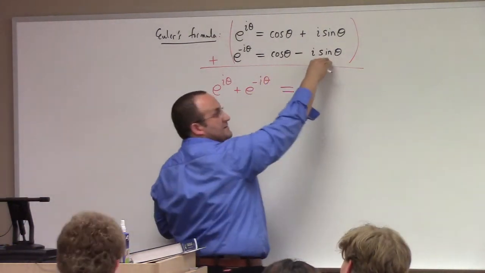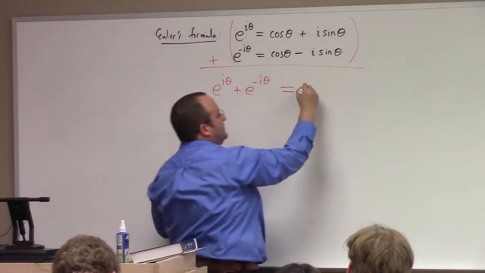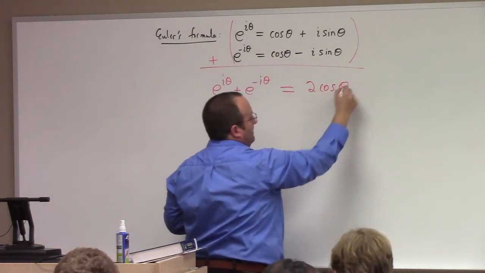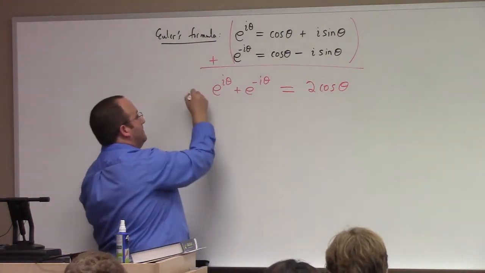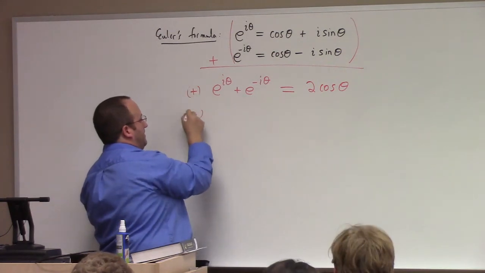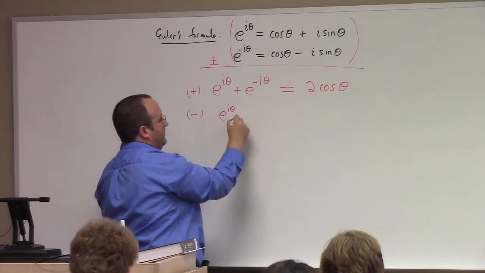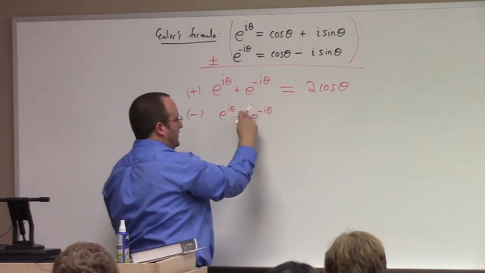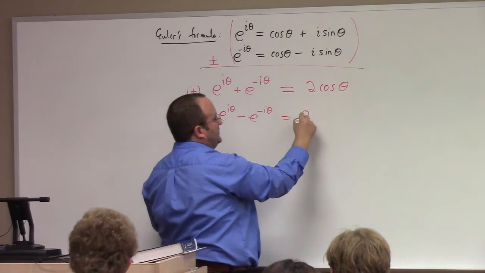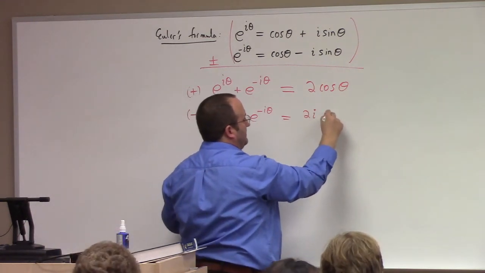These cancel, right? And you're just left with 2 times the cosine of theta. What happens when you subtract? We get e to the i theta minus e to the minus i theta, right? Equals what? Equals 2 times i times the sine of theta.